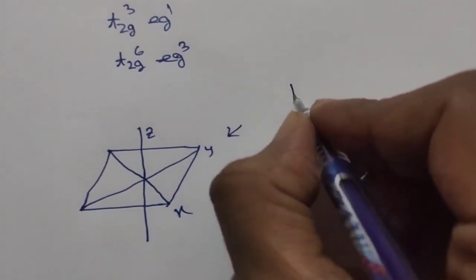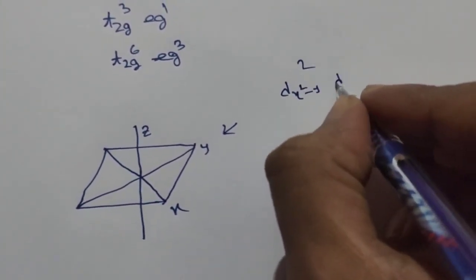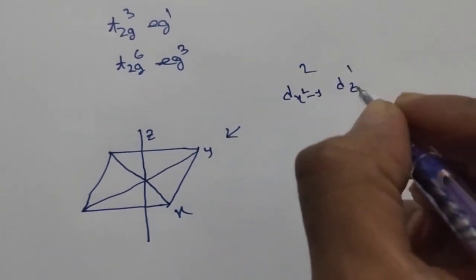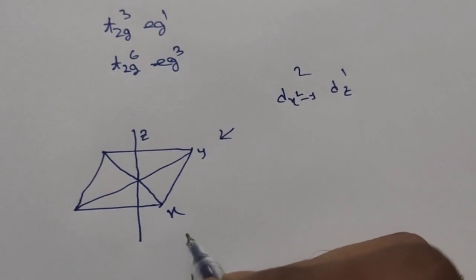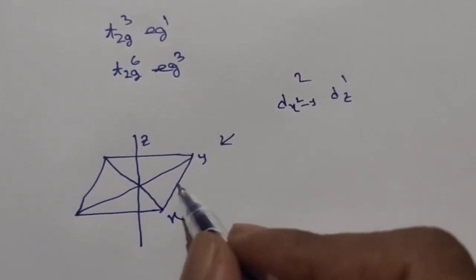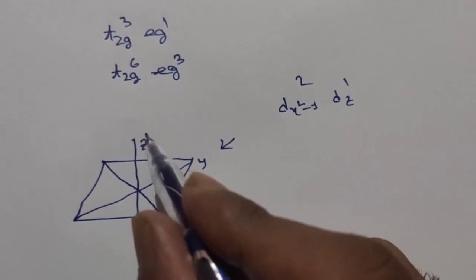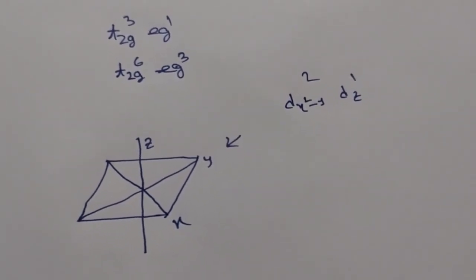If the electronic configuration is dx square minus y square 2, dz square 1, then ligands coming along the x and y axes will be repelled more than the two axial ligands.